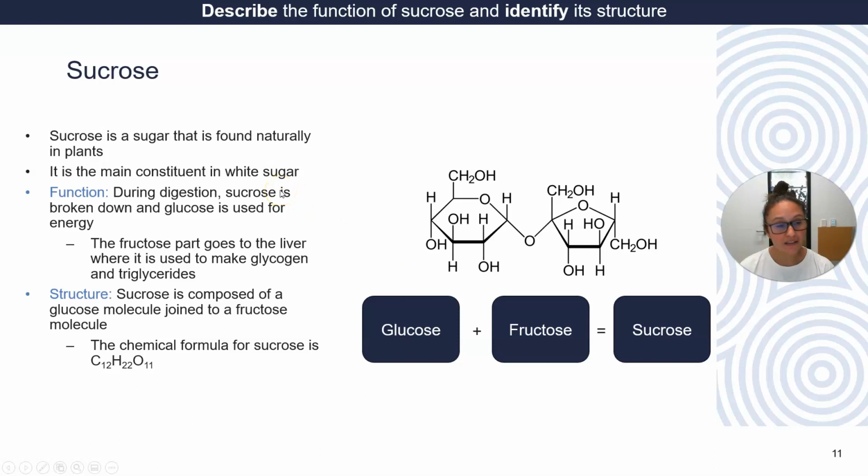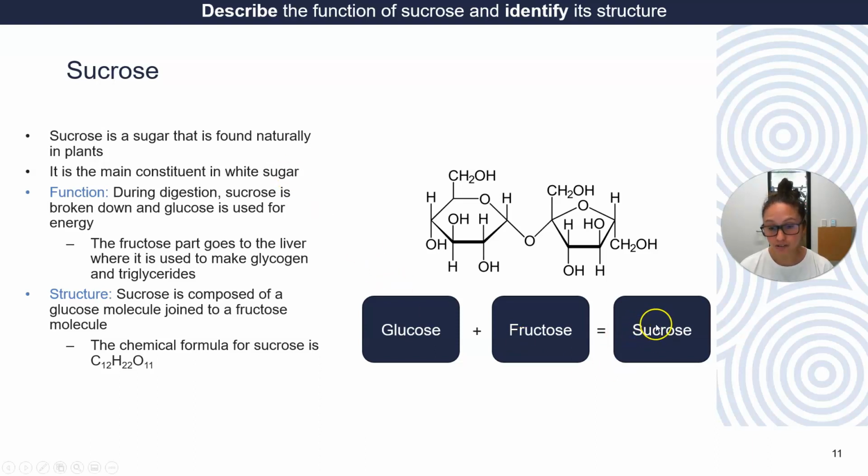Let's have a look at another example of a carbohydrate. Sucrose. Sucrose is the main ingredient in white sugar. You get it from plants. But the good thing about sucrose is that we can break it down into its parts.